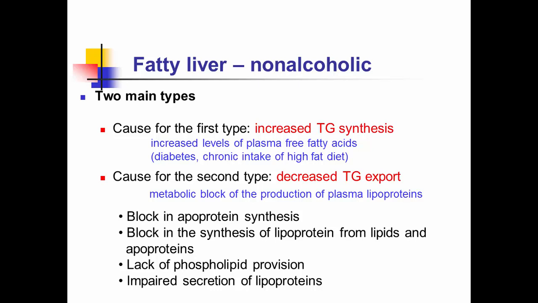If for some reason you cannot synthesize enough phospholipids, the lipoprotein cannot be formed, right? And then impaired secretion of lipoprotein. You can synthesize lipoprotein, but for some reason, maybe lack of apoprotein or other reasons, the lipoprotein cannot be secreted from the liver into the circulation. So all these factors can cause decreased export of the triglyceride, right?